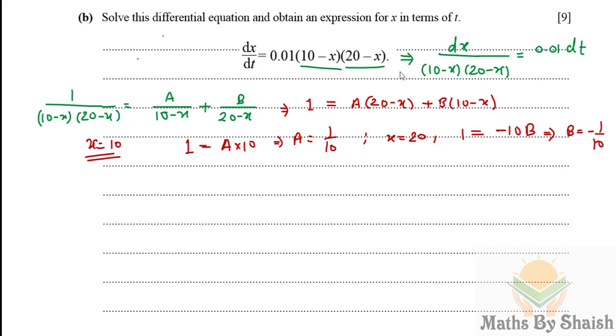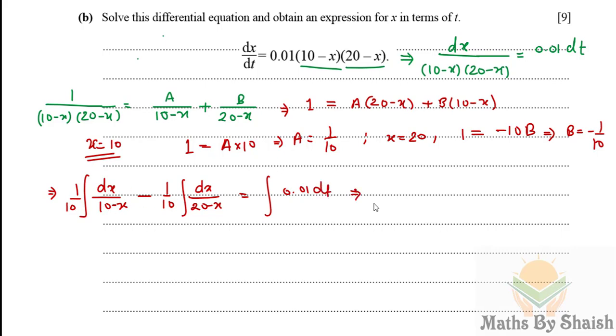So we can write this as the integral of (1/10) dx/(10 − x) − (1/10) dx/(20 − x) = the integral of 0.01 dt.